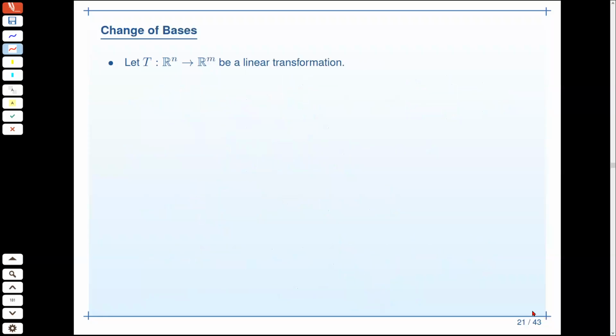Okay, so this is the idea of the change of basis. Suppose T is a linear transformation and you may have different bases. Just now it was the standard basis and any basis. What happens if S1 is a basis u1, u2, ..., un? Now we know T(v) equals B times the coordinate vector of v relative to S1, where B is the matrix whose columns are T(u1) until T(un).